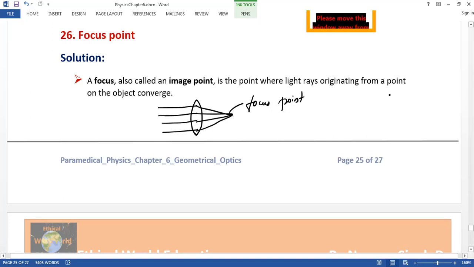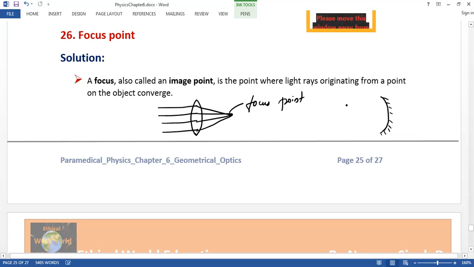Let us take a concave lens. Let us consider a concave mirror, so it will be easy for us to understand. So this is the mirror.